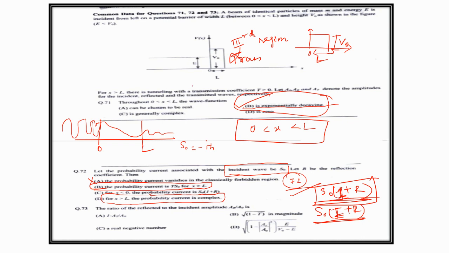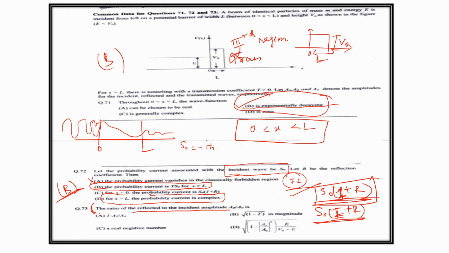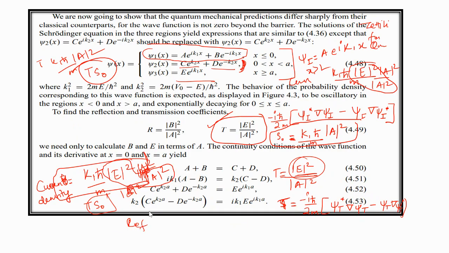B. So in this, the B answer is correct because it will be exponentially decaying. Now for this question, the ratio of reflected to incident amplitude. So we have to find out B by A, right? Because what is asked? Reflected to incident amplitude.